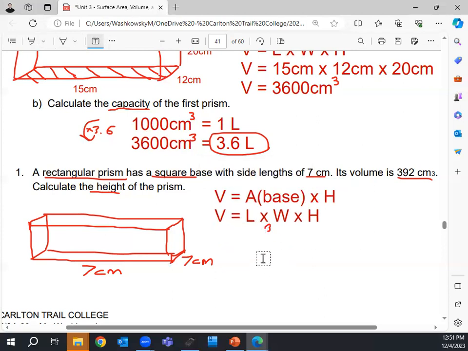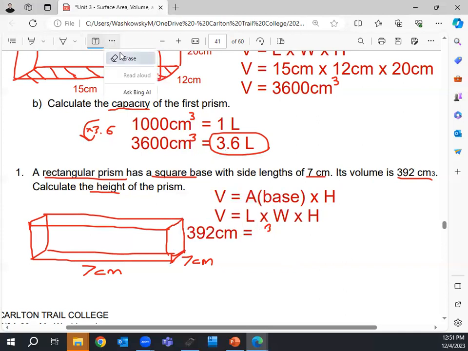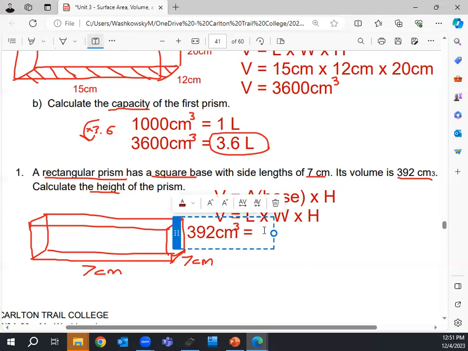Actually, I'm just going to do this instead. So in this case, I already know what the volume is. It's told me that. Do I know the length and the width? Yes, 7 and 7, because it tells me that, but I do not know the height.